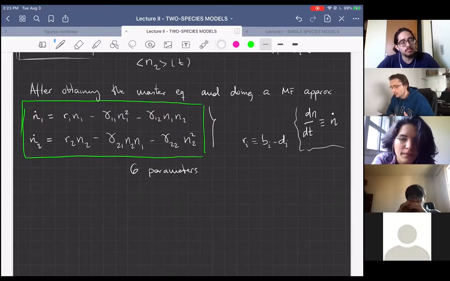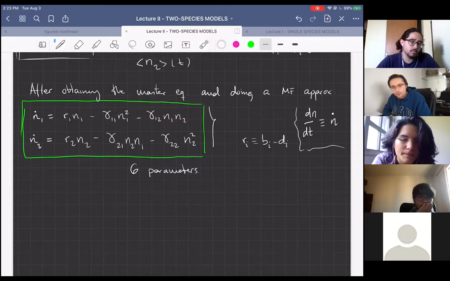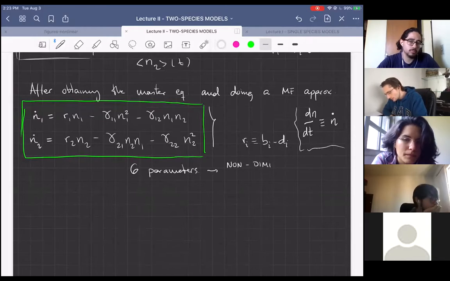There are ways to do this, and usually what we are going to do is reduce the number of parameters by working with what is called non-dimensional variables and non-dimensional parameters. So what we are going to do is non-dimensionalize the system.